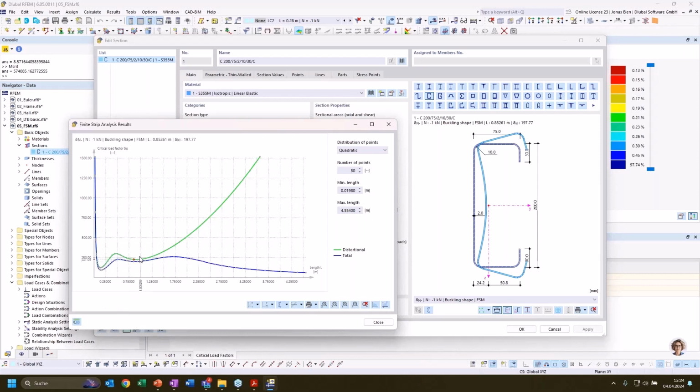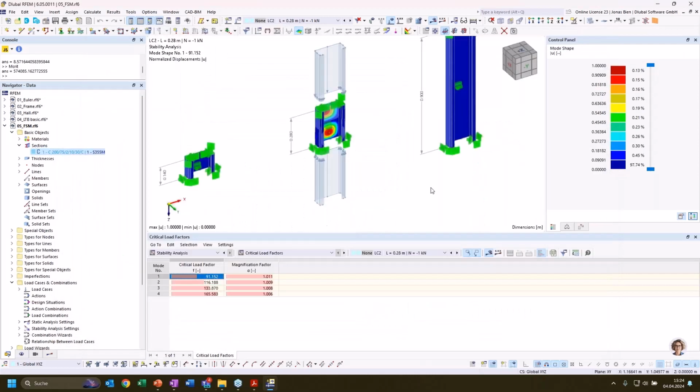So we directly use this second minimum of the distortional buckling curve in the design of cold-formed members according to Eurocode 3 part 1-3, and also for cold-formed design according to the American standard, the direct strength method. So it has a practical use and is already implemented in the cold-formed steel design.